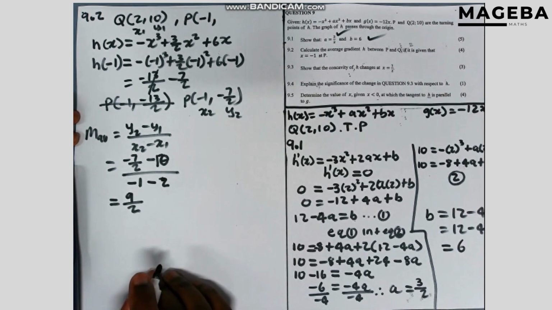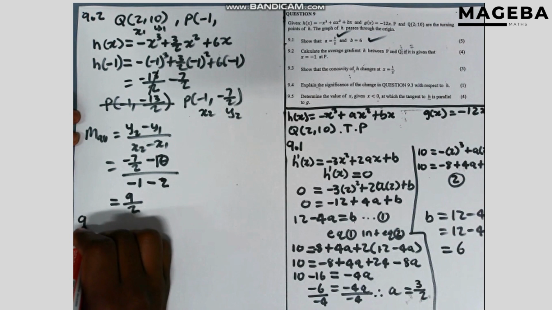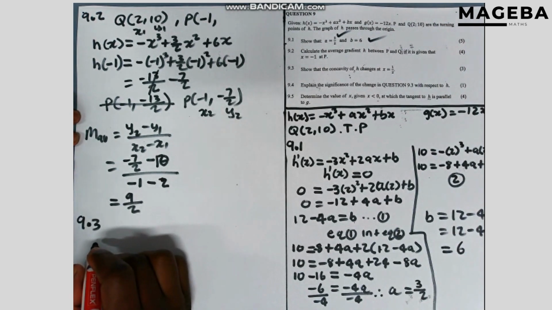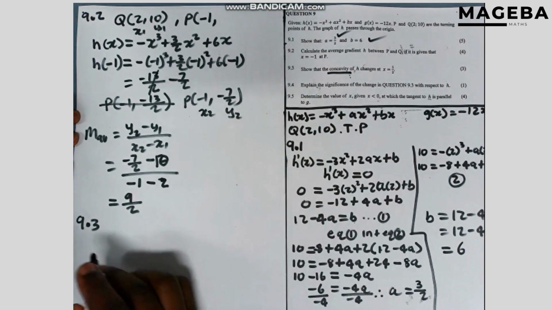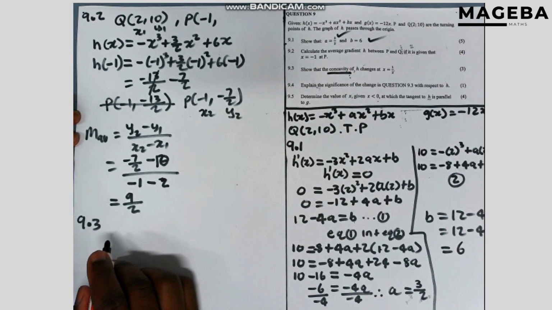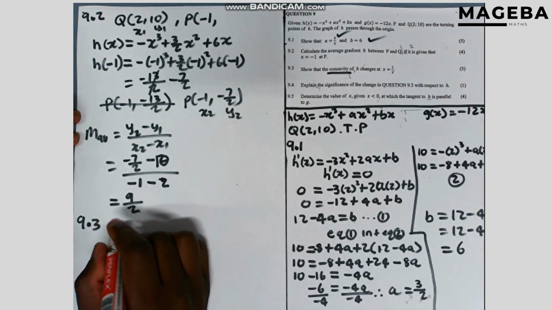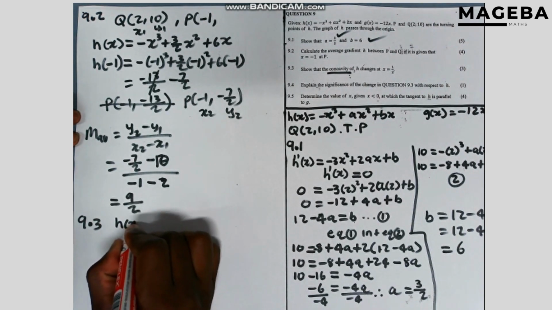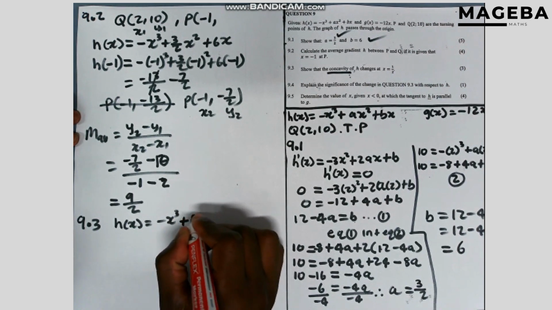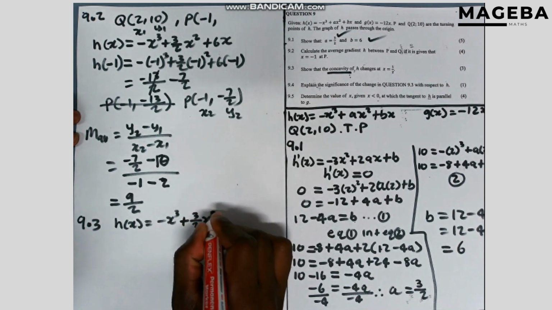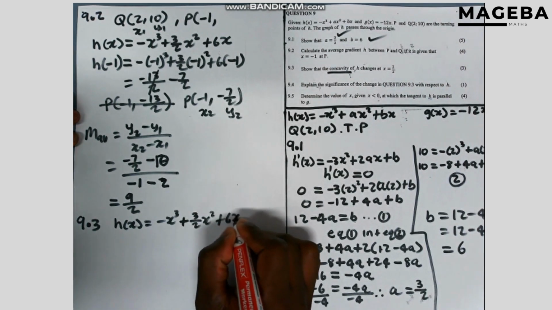And then it said show that, 9.3. It's saying show that the concavity of h changes at x equals 1 over 2. So the concavity, a very important word, is the second derivative. So our original equation is h of x equals negative x cubed, then plus 3 over 2 x squared, then plus 6x.